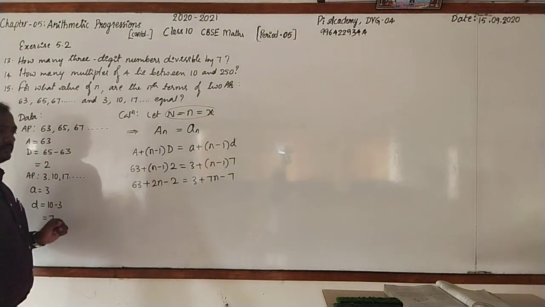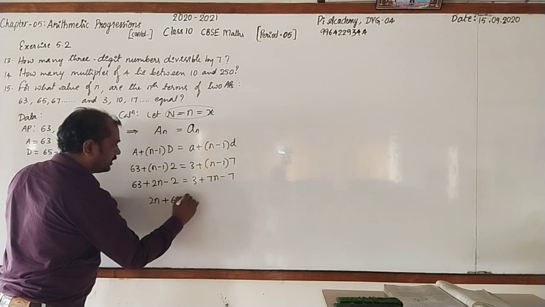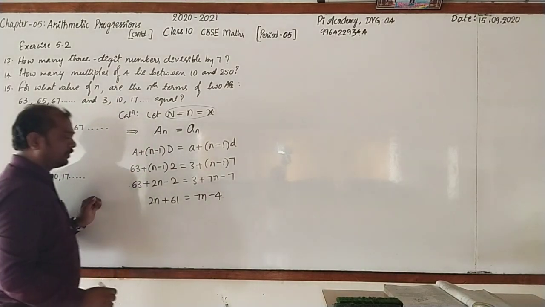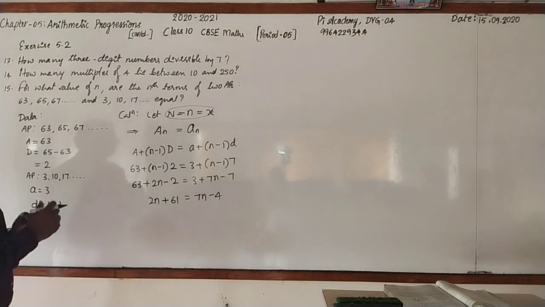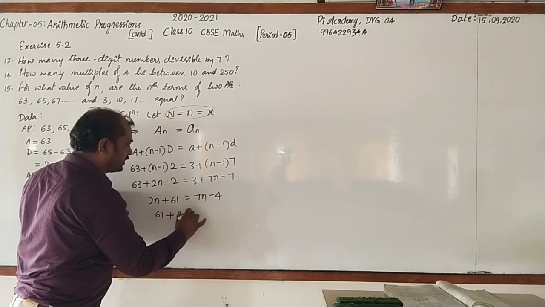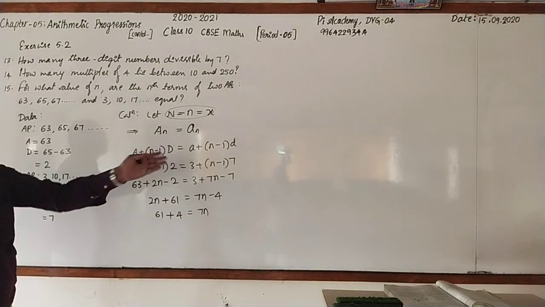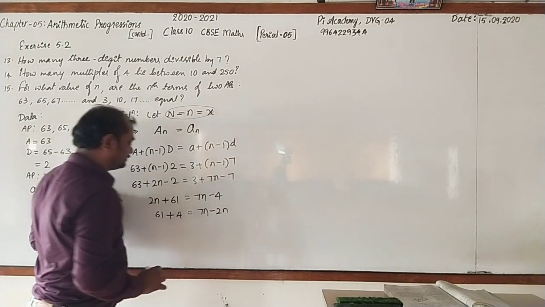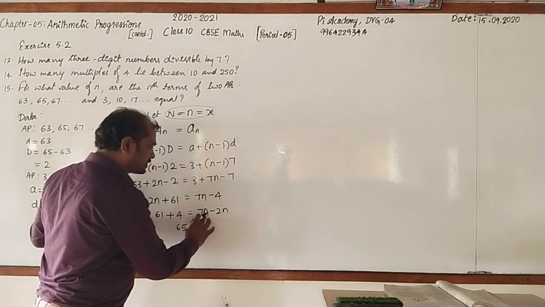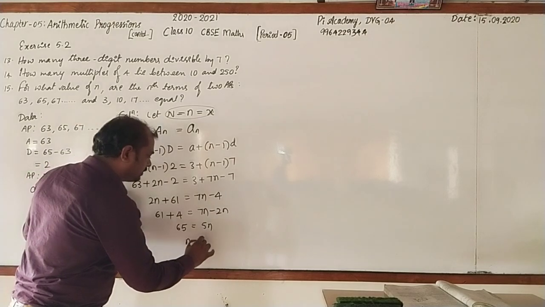Now 63 minus 2 is 61, equal to 7n, 3 minus 7 is minus 4. Now separate algebraic terms and constants. 61, transfer minus 4 to the left hand side becomes plus 4. Then 7n as it is, transfer 2n to the right hand side, it becomes minus 2n. 61 plus 4, this is 65, is equal to 7n minus 2n, it is 5n. n is equal to 65 by 5, this will be 13.